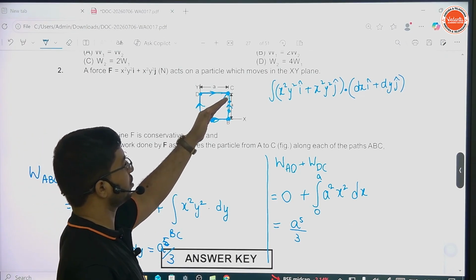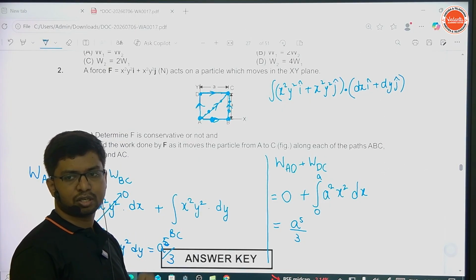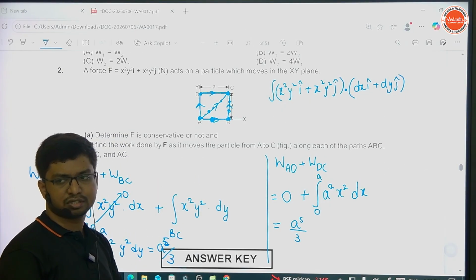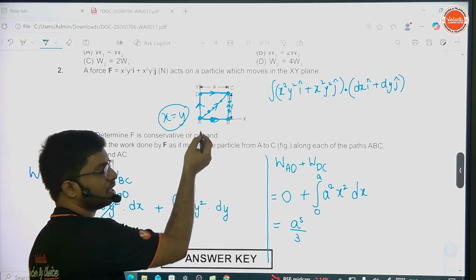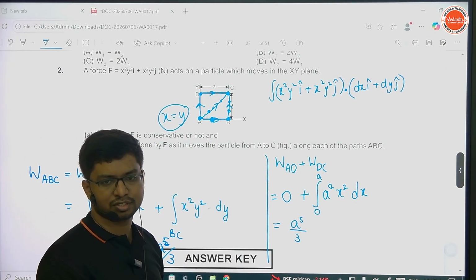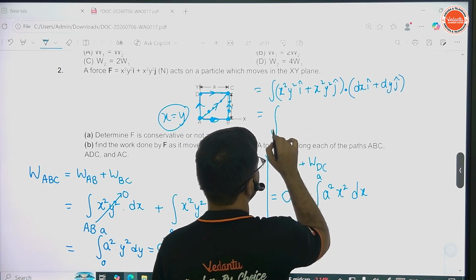And along this path, you have one more advantage. What is that? Are x equal to y? This is the x equal to y line, right? Correct or not? So your problem over here is going to reduce a lot.